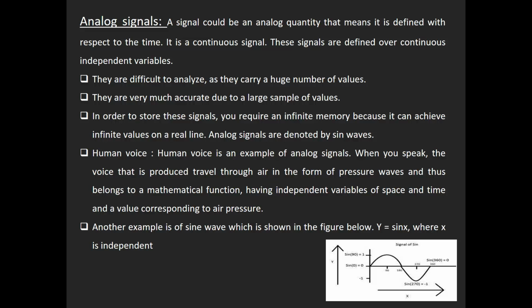On the y-axis there is pressure, and on the x-axis there might be time or space. Another example is a sine wave, shown in the figure, where on the y-axis y is equal to sine of x, and x is an independent quantity.